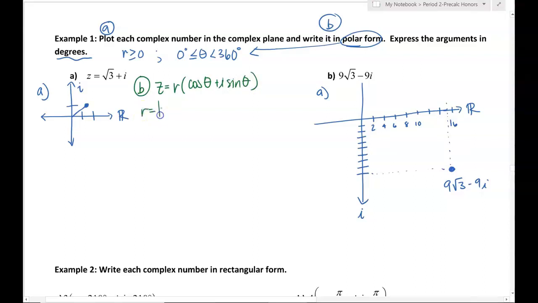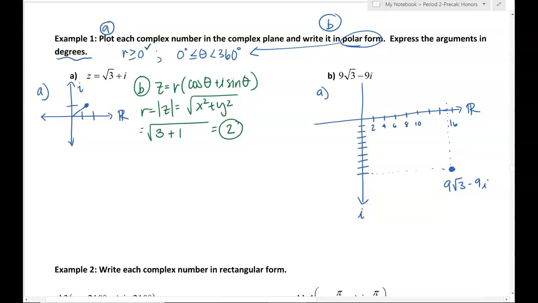Radius is the distance of z, which is the magnitude of z, which is the formula of the square root of x squared plus y squared. Okay, x is going to be radical 3. So radical 3 squared is 3. y is up 1, so that's just going to give us 1 in there. That's going to be the square root of 4, which gives us a radius of 2, and that's definitely positive, so we are okay with the restriction of radius.